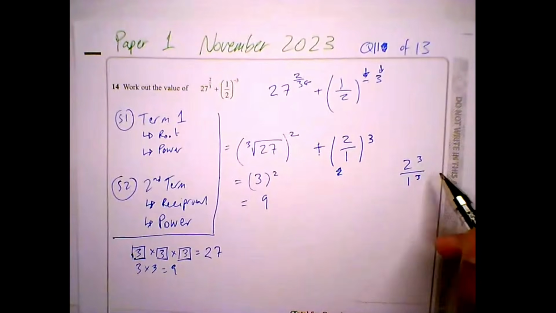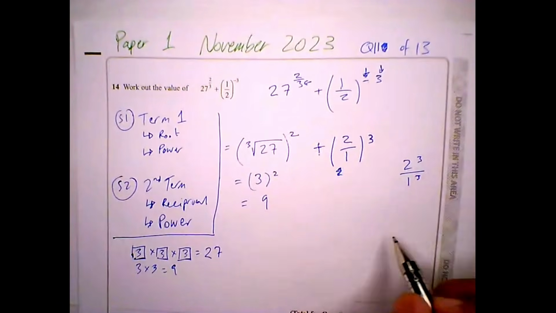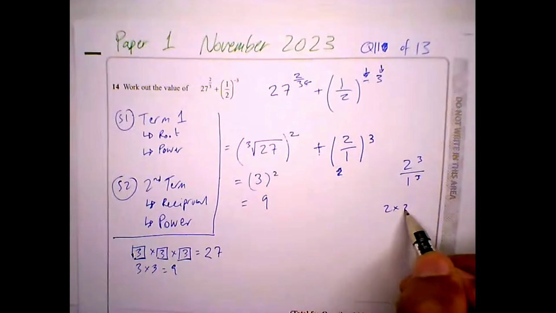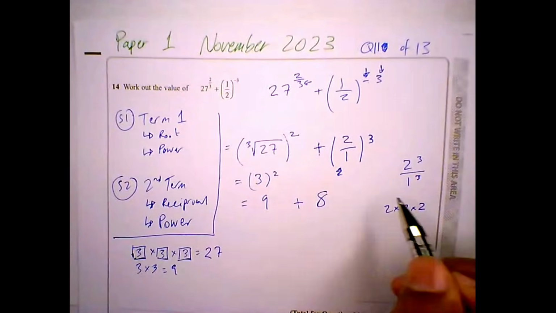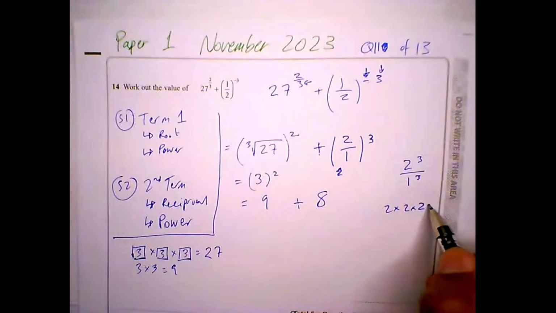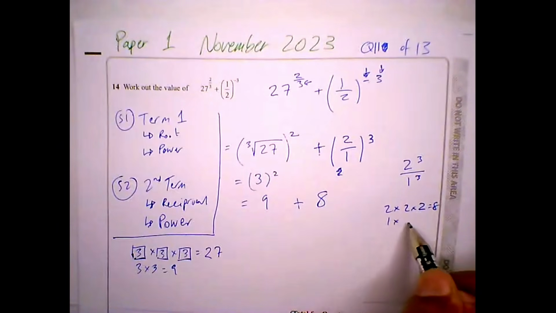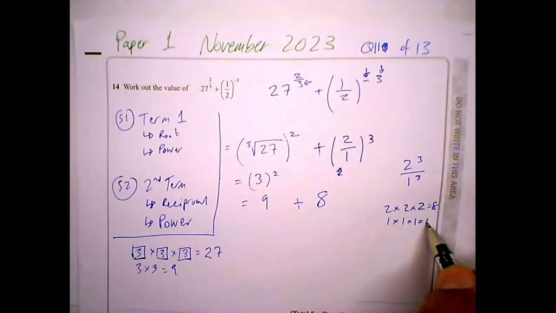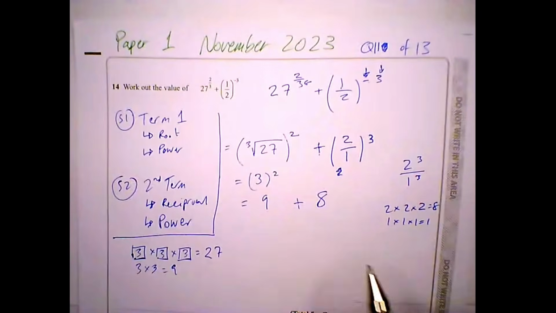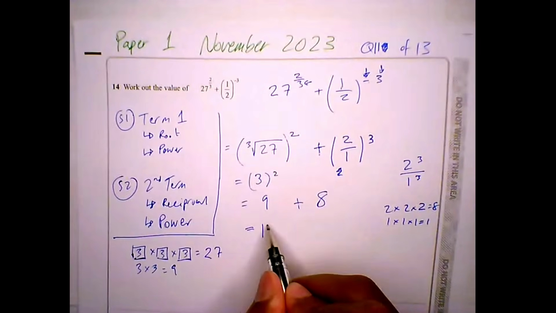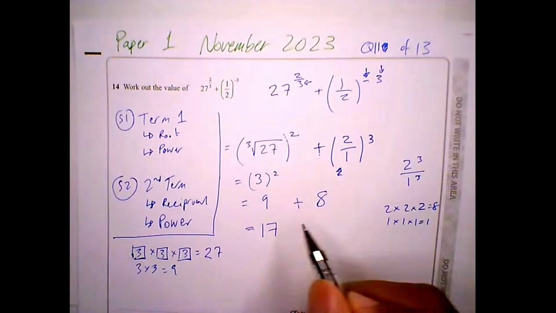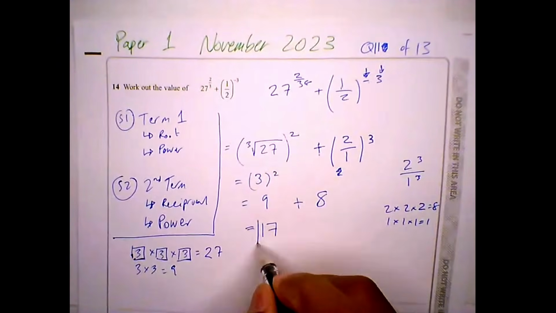Okay. And so that's 2 times 2 times 2 is 8. So this is 8. And then 1 times 1 times 1 is also 1. So it's just divided by 1. So 8 divided by 1 is just 8. So 9 plus 8 gives me 17. So hopefully you have the same answer as me.